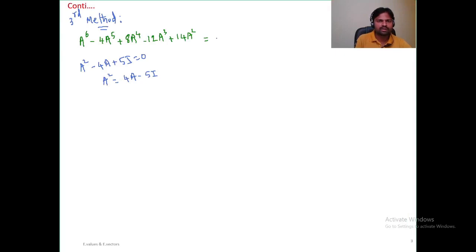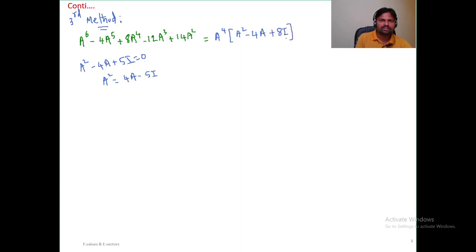Now this is equivalent to the following, so observe carefully. I need to generate these terms, so let us take A power 4 common. Taking A power 4 common, we have A square minus 4A, so I am getting the same terms here. Then A power 4 is out here, so I get 8I, plus 8I, but here only 5I I want.